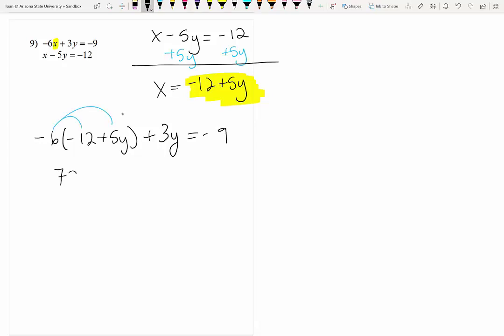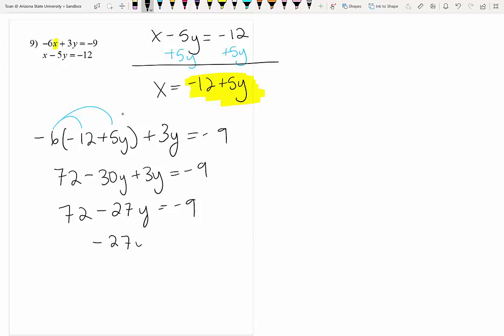Distribute, so that's a positive 72 minus 30y, plus 3y equals negative 9. Let's combine like terms. 72 minus 27y equals negative 9. Let's subtract the 72 over. So that's negative 27y equals negative 81. And let's divide both sides by negative 27, giving us y equals a positive 3.